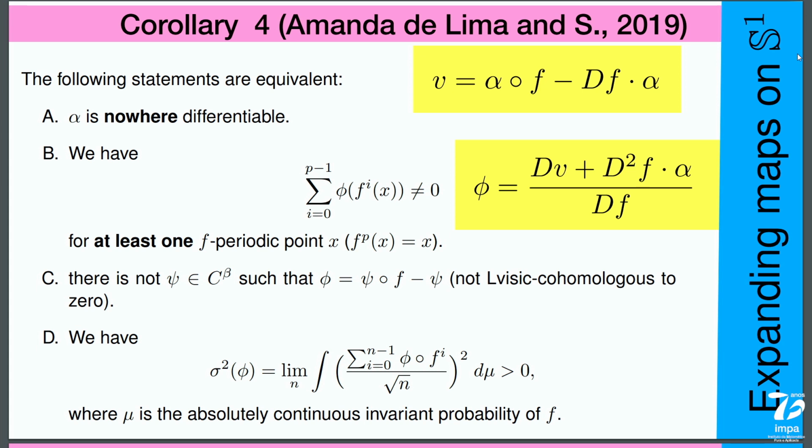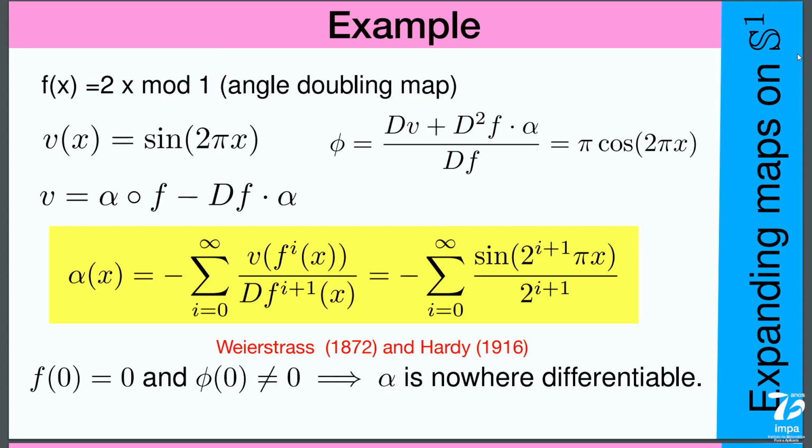You can check this. For instance, let me give you an example. You pick the angle doubling map on the circle, and you pick v equal to this simple trigonometric function. You can easily check that the solution of this homological equation is given by this series here.